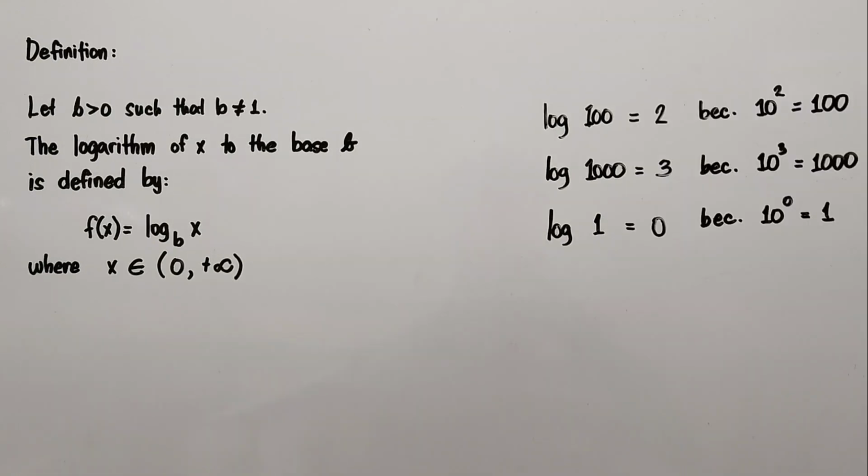With that, log 100 is 2 because the base here is 10 and 10 power 2 is 100. For log 1000, that is 3 because 10 power 3 is 1000. And lastly, log 1 is equal to 0 because 10 raised to the 0 power is 1.